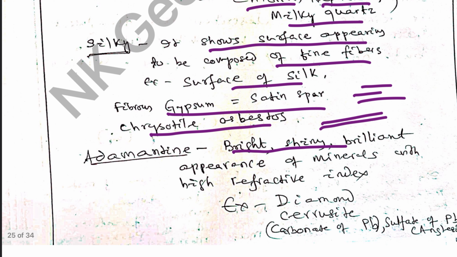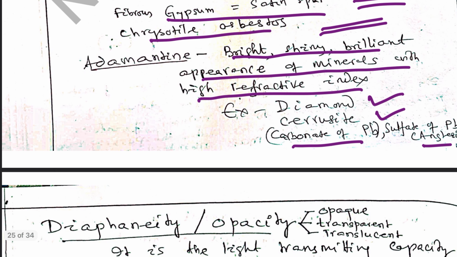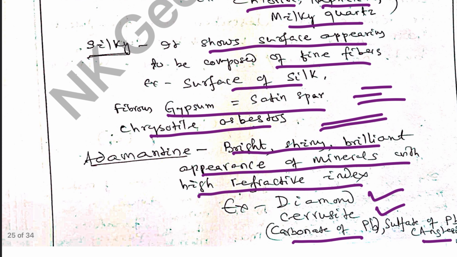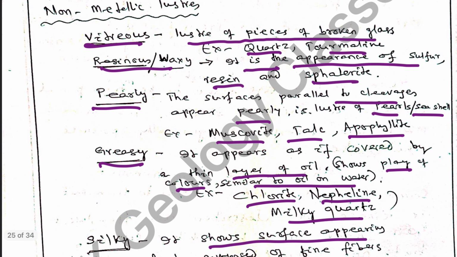Adamantine, it is bright, shiny, brilliant appearance of minerals with high refractive index, as we see in case of diamond, cerussite. Cerussite is the carbonate of Pb, sulfate of Pb, such as anglesite. So, in case of adamantine luster, the luster is highly brilliant. So, these are the terms: vitreous, resinous, pearly, greasy, silky, adamantine.